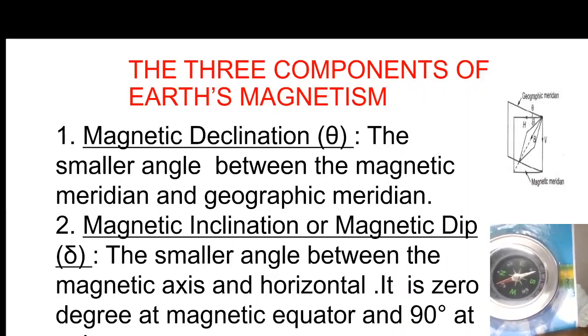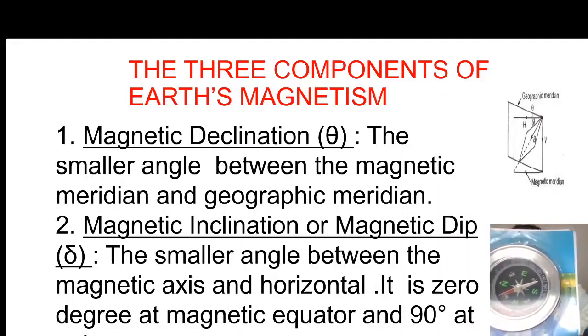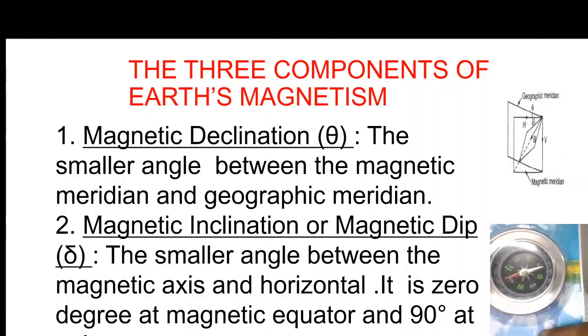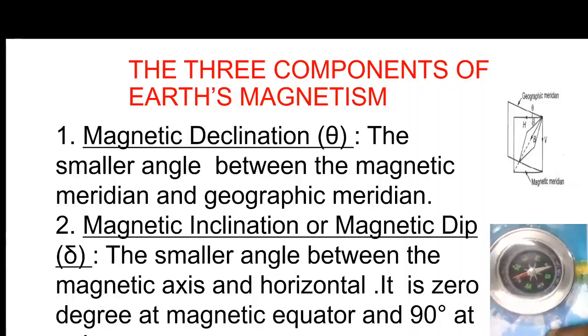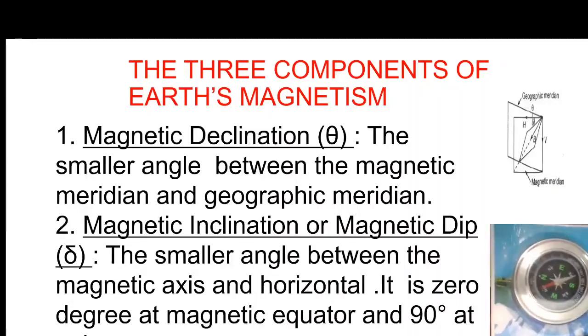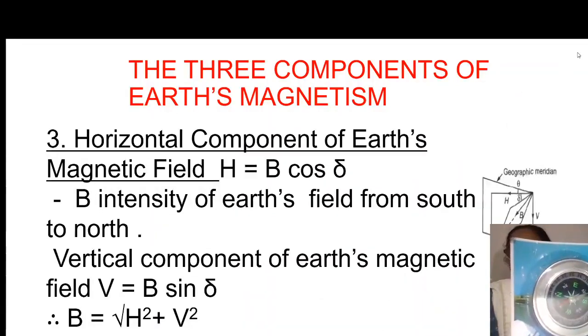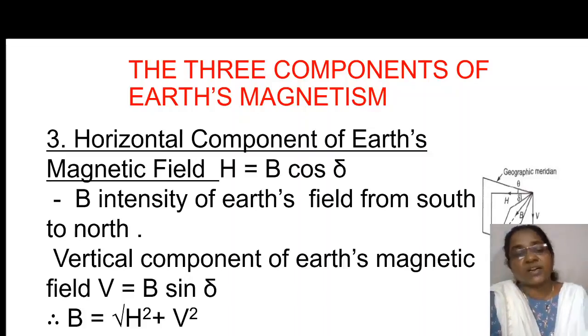It will be along the horizontal only. But as you move towards the poles, it will be tilted and the tilting will increase and become maximum, that is 90 degree at the poles. So that is the property of dip. It is 0, minimum, at the equator and maximum at the poles.